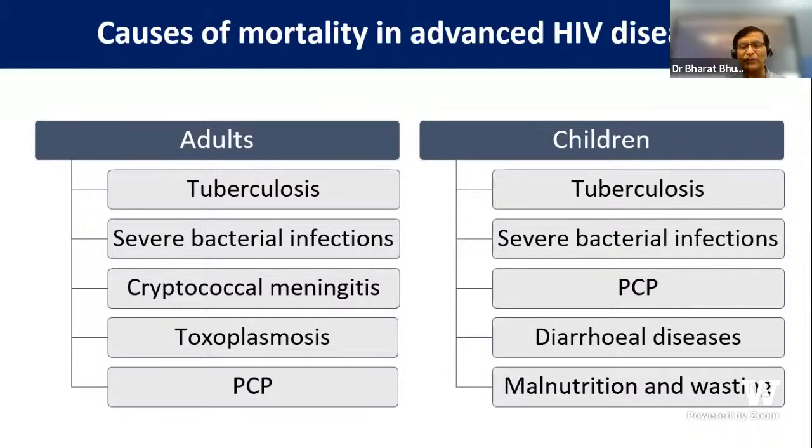Among children, this could be tuberculosis, severe bacterial infections, PCP, diarrheal diseases, and even malnutrition. So when we talk about advanced HIV disease, we have to focus on how we can prevent these severe opportunistic infections, and if these are present, how we can manage them well so that people benefit from antiretroviral therapy.